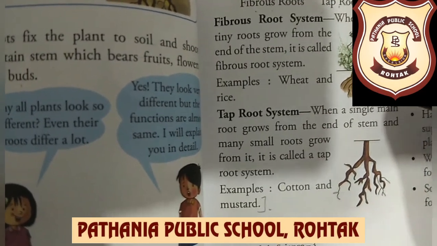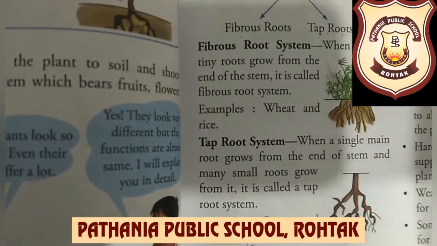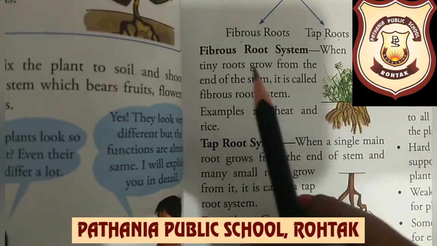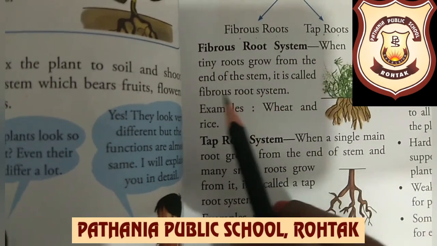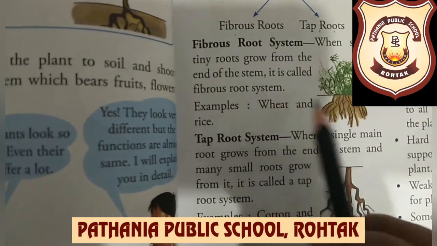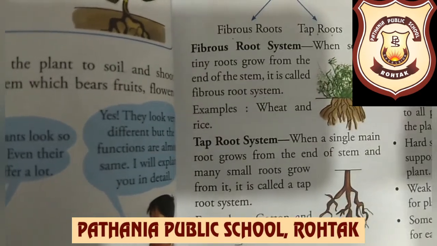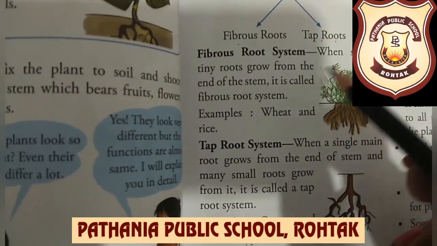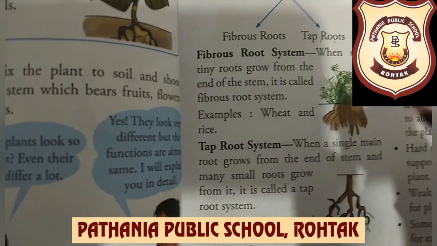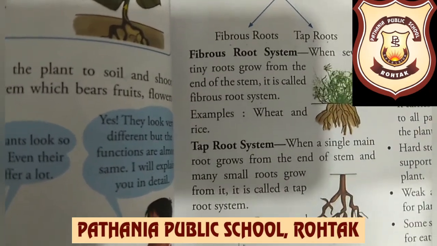But in fibrous roots, all the roots grow together. So, fibrous root system: when several tiny roots grow from the end of the stem, it is called fibrous root system. Yes, as we can see in the diagram also, when many roots grow from the end of the stem, this type of root is known as fibrous root system. Examples: wheat and rice.